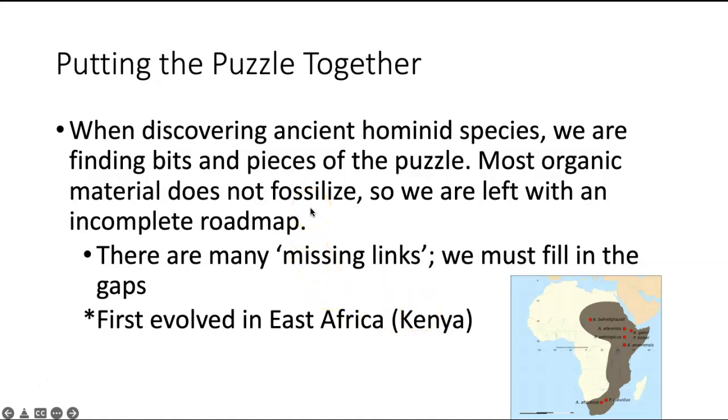So now we're going to talk about kind of putting the puzzle together. So basically when you think about us trying to put together how humans have evolved, it's not like you're trying to find the missing link, alright? I don't think I hear this as much anymore, but it's all about, where's the missing link? How do you get exactly from monkeys to humans?